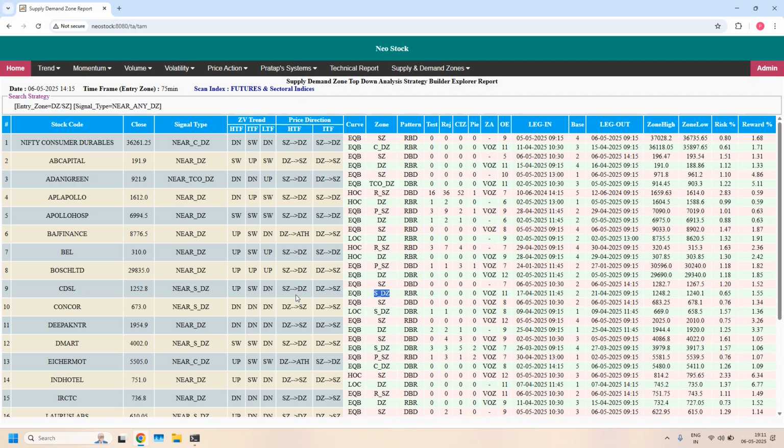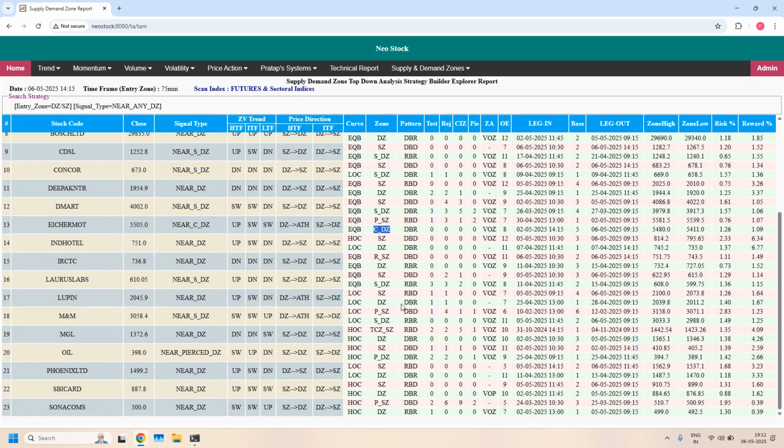So CDSL is having a 75 minutes high liquidity demand zone. Concor is having a 75 minutes high liquidity demand zone. DMART is not valid, it is a pierced zone. Next, HERO Motor is having a 75 minutes high liquidity demand zone.